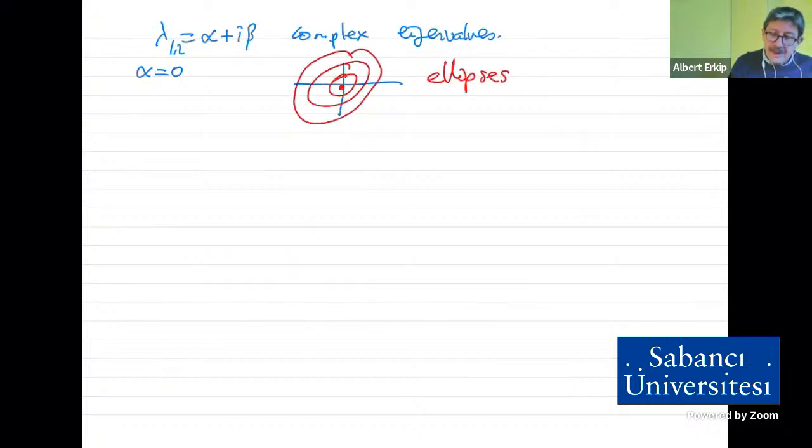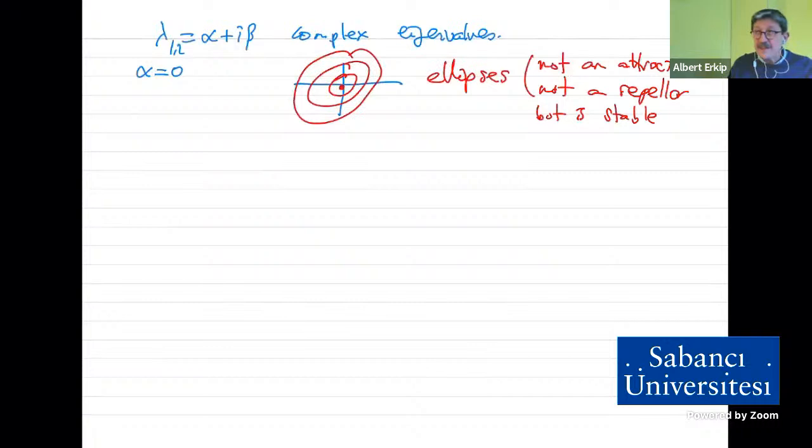Is it an attractor? It's not an attractor, not a repeller. It doesn't push away, but it's stable, in the sense that if things are close enough, they stay close. If things are far, they stay far.